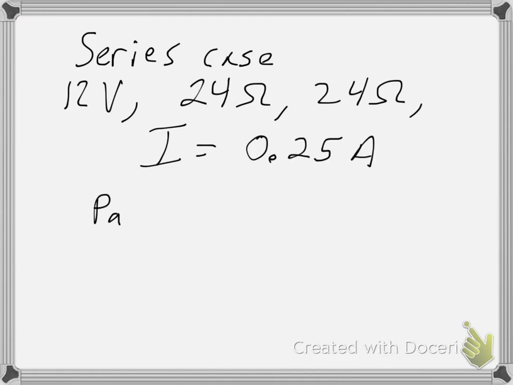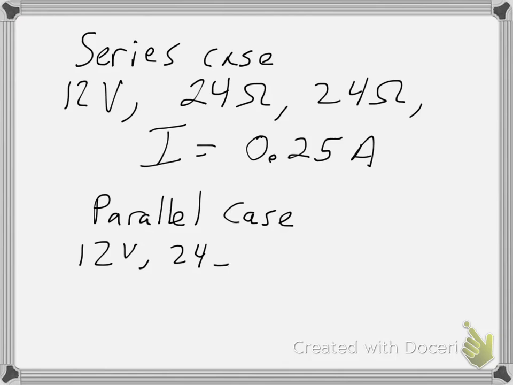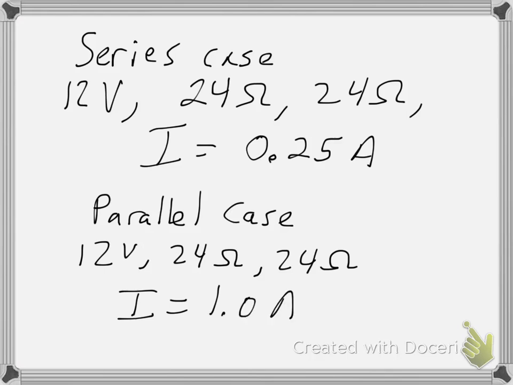In the parallel case, we had 12 volts, 24 ohms, and 24 ohms, and our current was 1 amp. And so what that means is that in the parallel case, our total resistance was effectively smaller. Okay? So our parallel case has a smaller R total.